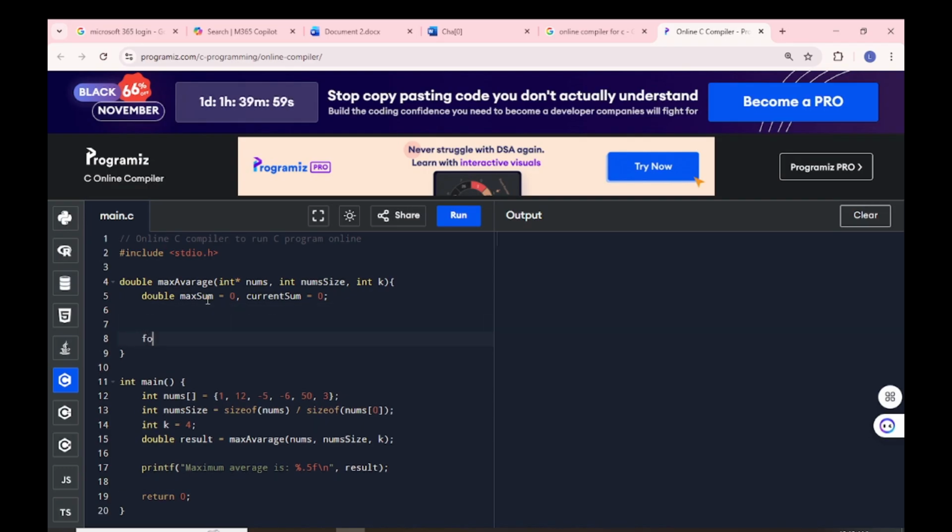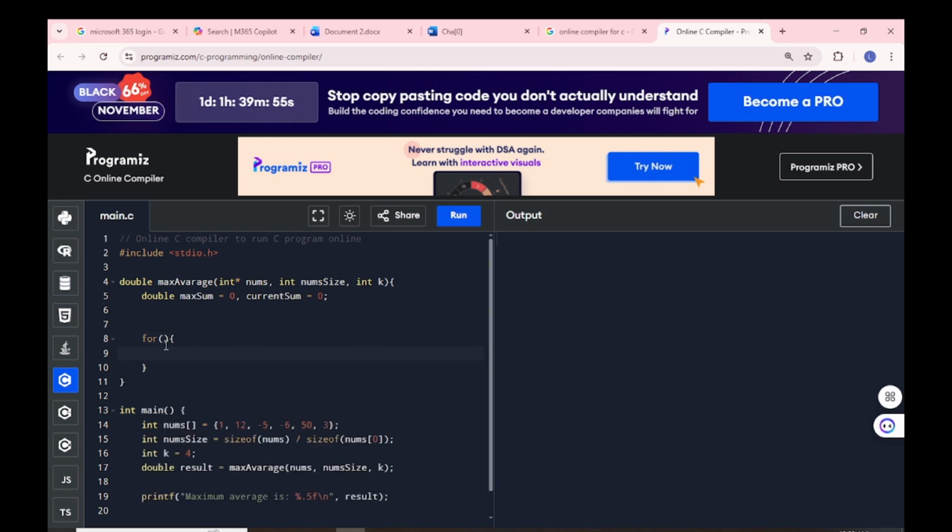Okay, so let's take the for loop. We will add the first four numbers, right?